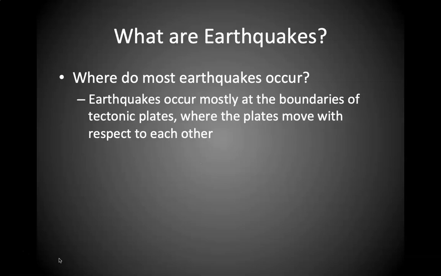So first off, what are earthquakes and where do they most likely occur? Earthquakes are going to occur mostly at boundaries of plate tectonics. In the last section of notes, we briefly looked over those different types of boundaries.